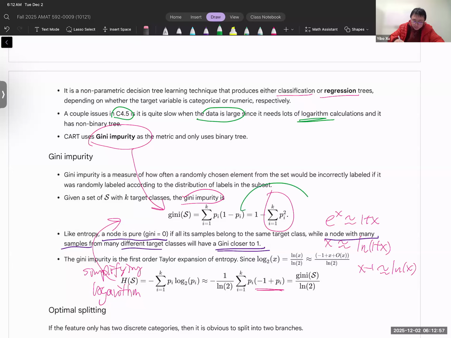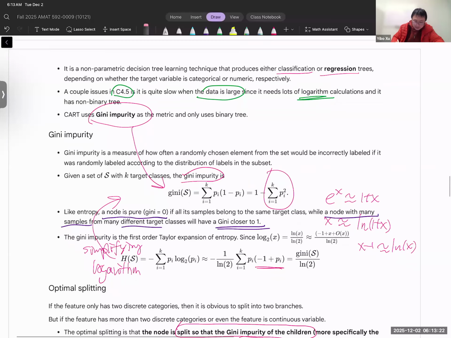But if it's pure, then one of the p_i is going to be 1, and the rest are going to be 0. So the sum of squares is also going to be 1, and the difference is going to be 0. So this tells you that if I'm pure, then the Gini value is going to be 0. But if not pure, then the Gini value is going to be close to 1.